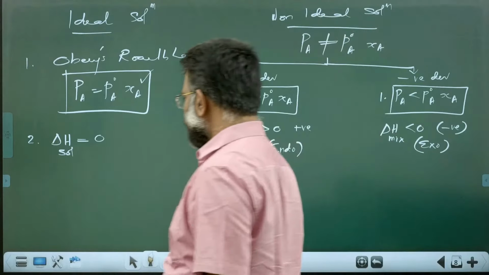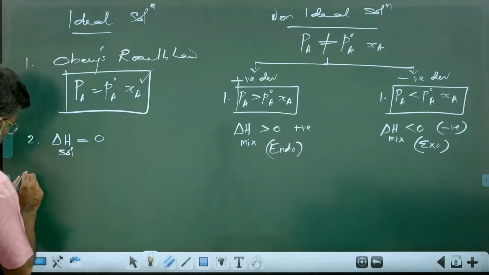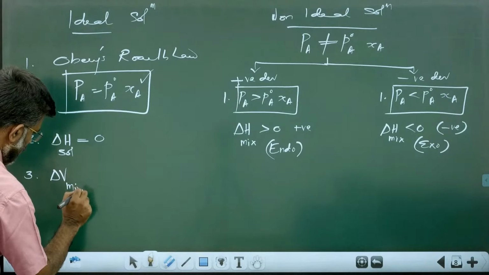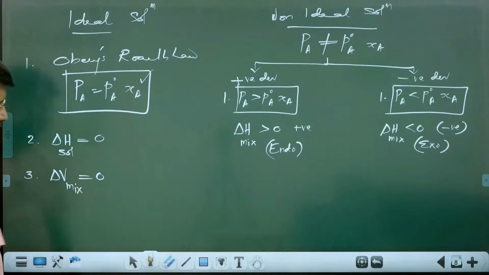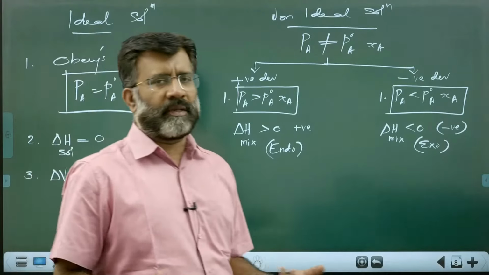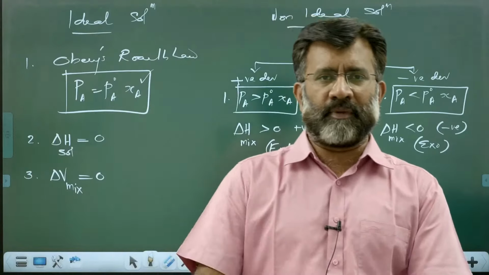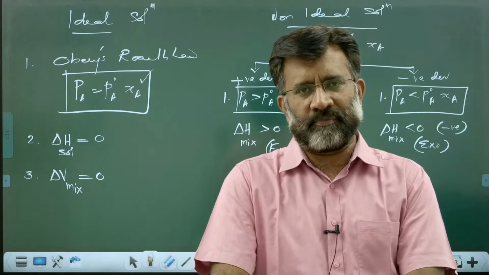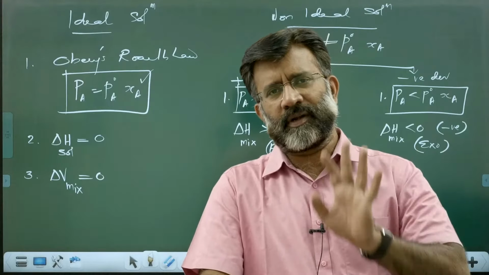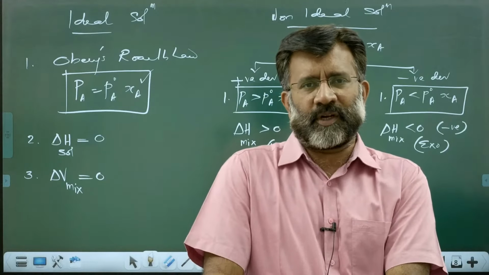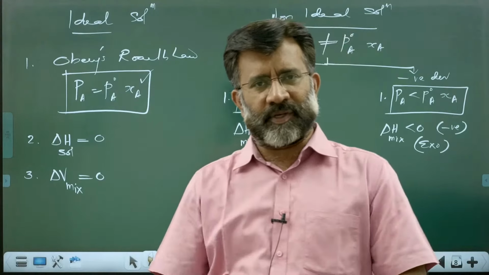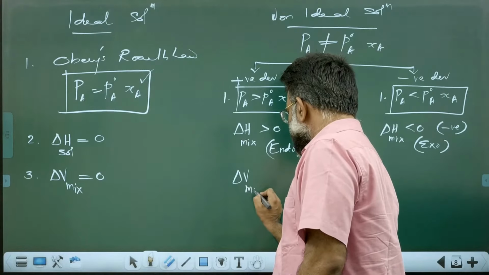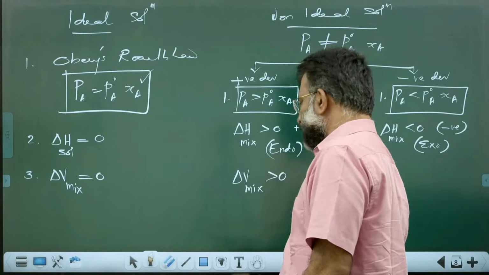Okay, not over. Third one, delta V mixing is equal to 0. There is not going to be any change in volume during mixing. Suppose you mix 10 liters of A with 10 liters of B, you get exactly 20 liters. That is ideal solution. What about non-ideal positive? Delta V mixing is greater than 0.